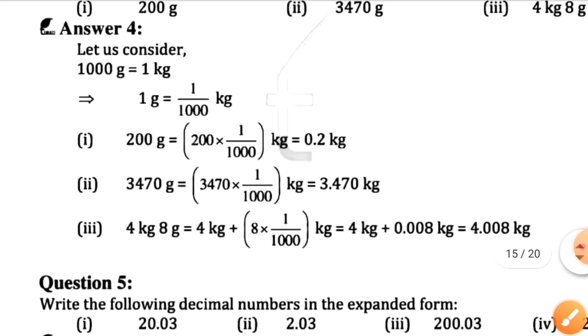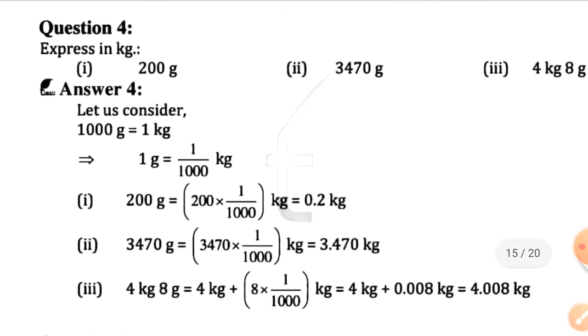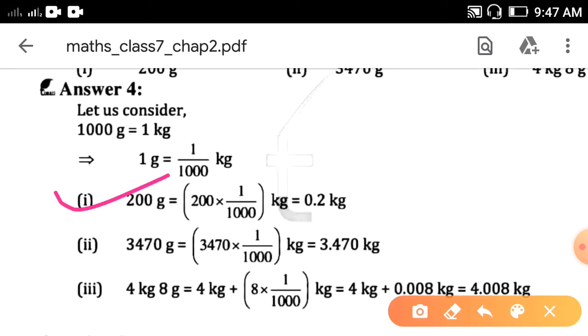Express in kilogram: 200 gram. Very simple here, from kilogram to gram or gram to kilogram. You have to remember how to convert that. Gram to kilogram, divide by 1000, and kilogram to gram, multiply by 1000. First one, 200 divided by 1000, so it will be 0.2 kilogram.